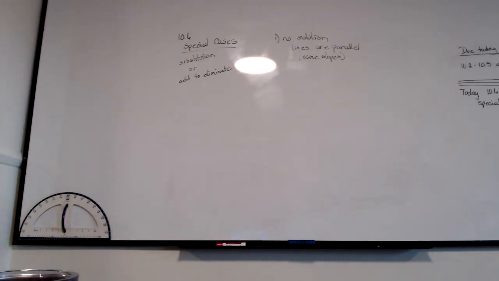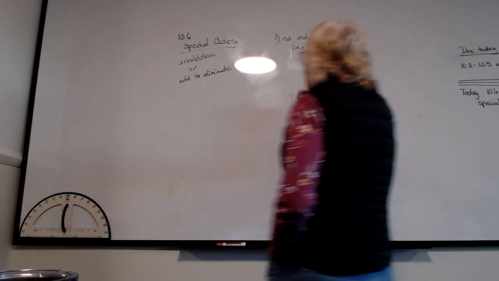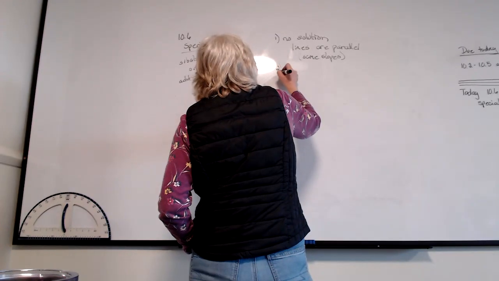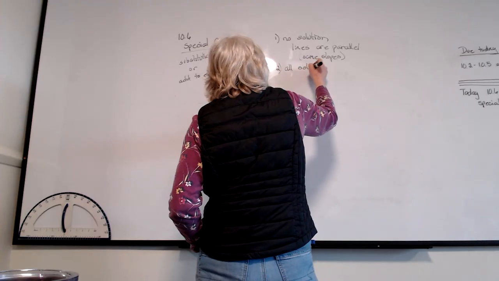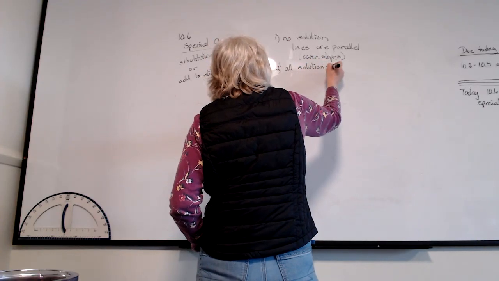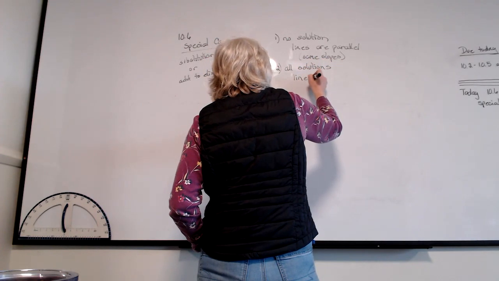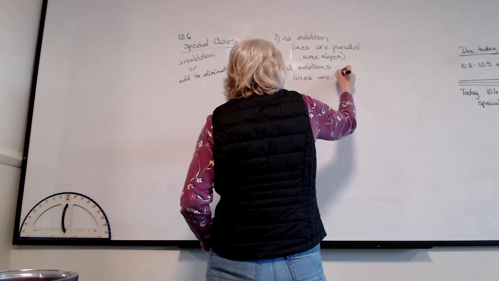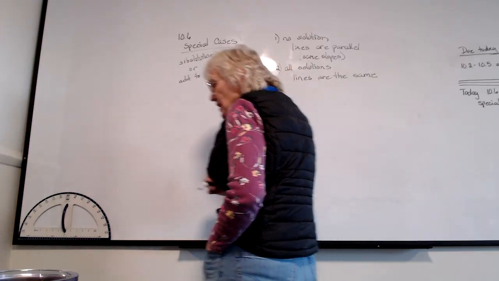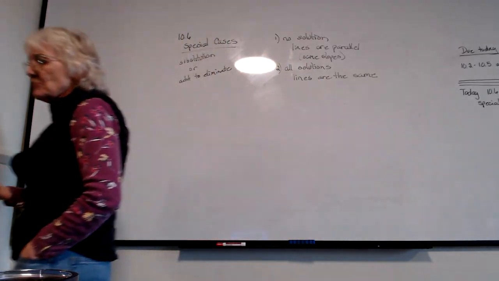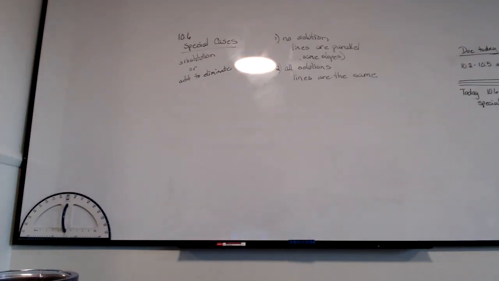So the next case that's sometimes a problem, which we don't get as often, is when we have all solutions because the lines are the same. When they were right on top of each other, we had all solutions because they really were the same line, just written in a different form.